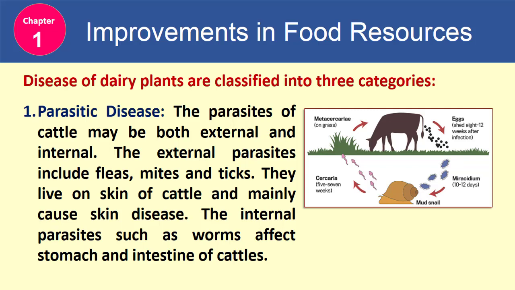First is parasitic disease. The parasites of cattle may be both external and internal. The external parasites include flies, mites, and ticks. They live on the skin of cattle and mainly cause skin disease. The internal parasites such as worms affect the stomach and intestine of cattle.